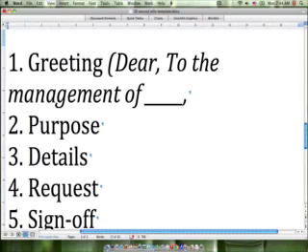And of course you can replace management with whatever entity fits best. So if you were asked to write to the manager, you could write to the manager of, and then whatever company, or to the president of, or to the owner of, perhaps if you're writing a letter to somebody who owns something.